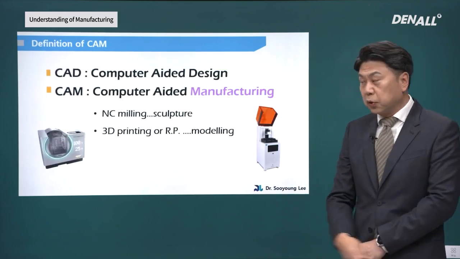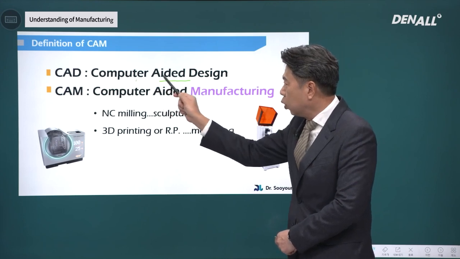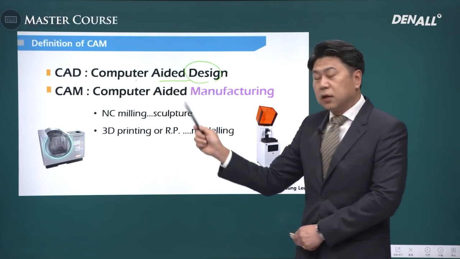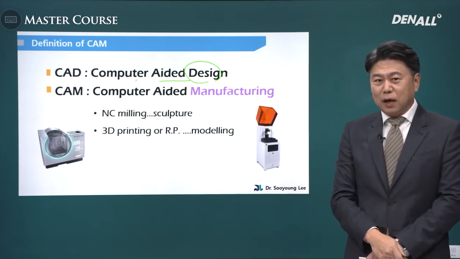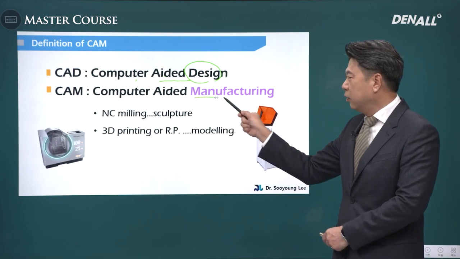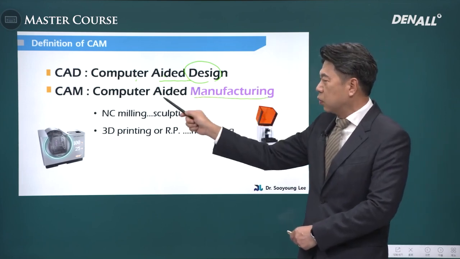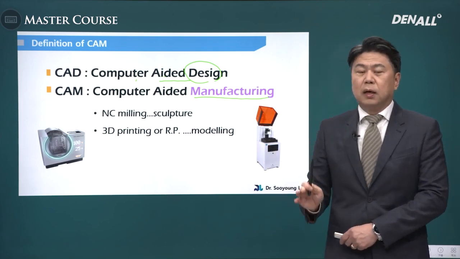Definitions: CAD stands for computer-aided design. It is designing work aided by computer, and CAM is not very well known to dentists. What is it? It is computer-aided manufacturing. Manufacturing is required. There are only 2 methods in any industry.